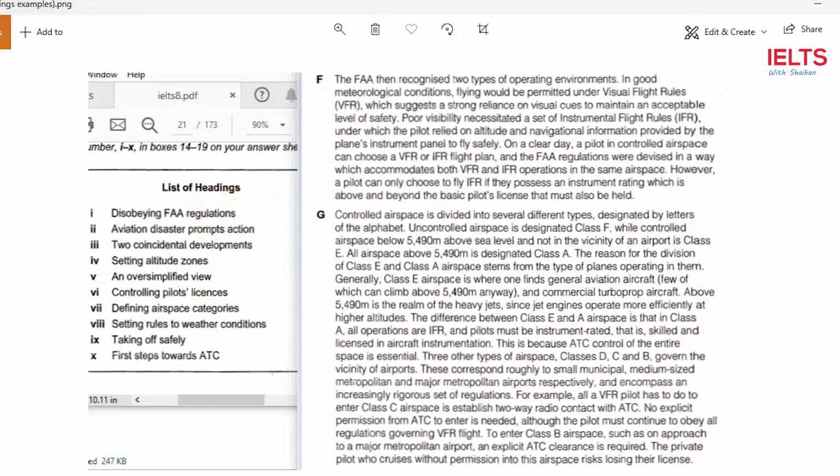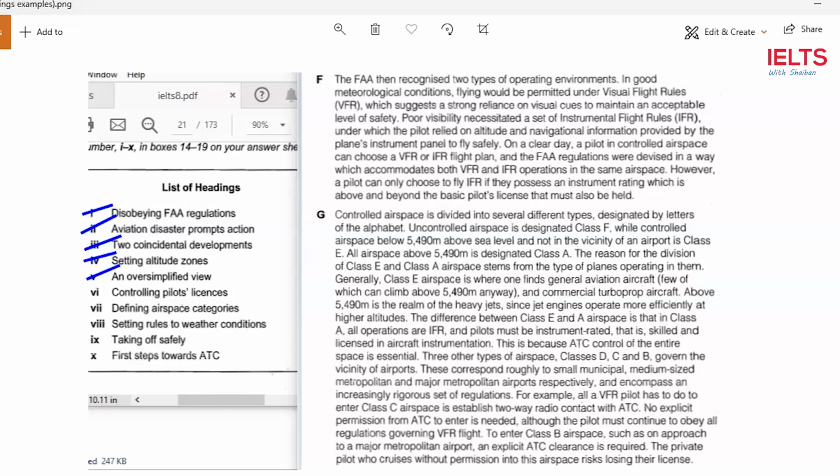Disobeying, nothing about disobedient, so nothing about A. Number one, aviation disaster, we have already taken two. Two, coincidental, we have already taken three. Setting altitude zones, we have already taken this. Oversimplified, we have taken this.